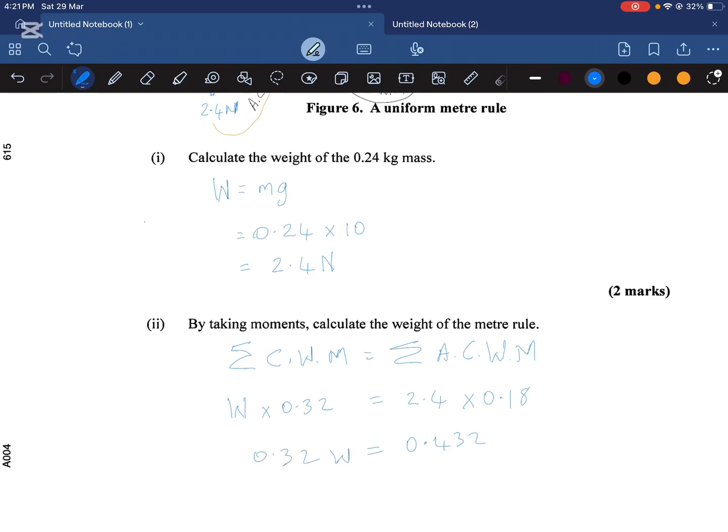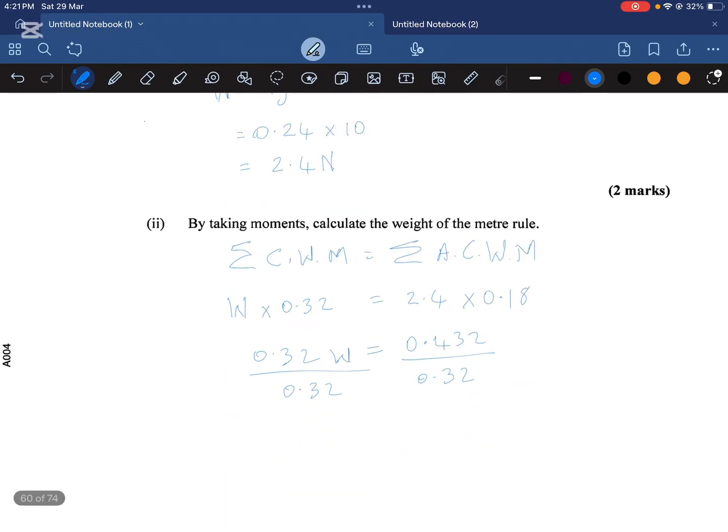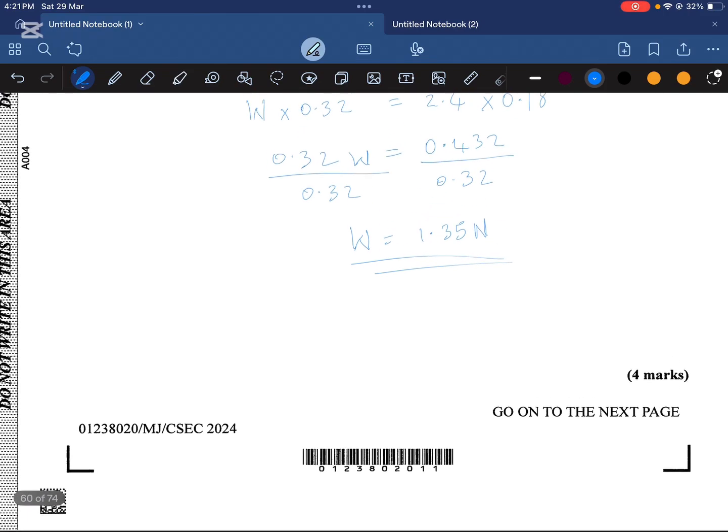And on the other side we have 0.32 W. So we divide by 0.32 on both sides, and that gives us W to be 1.35 Newtons. And that's the weight of the meter rule.